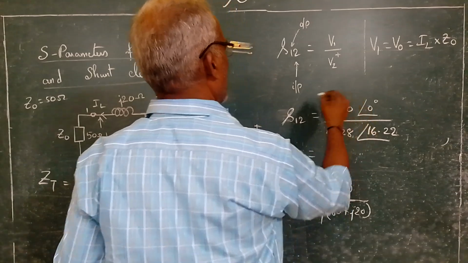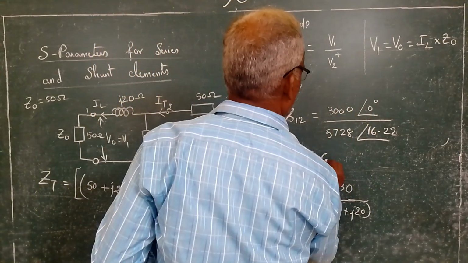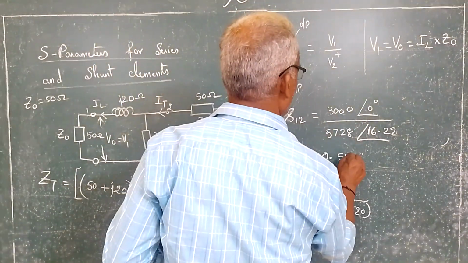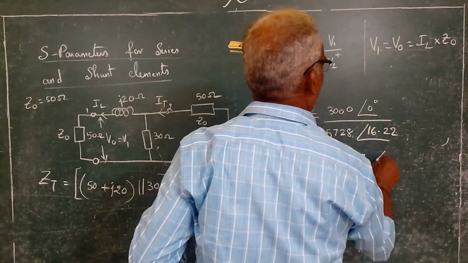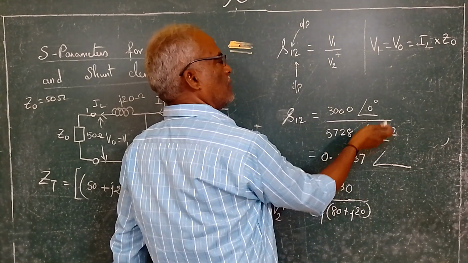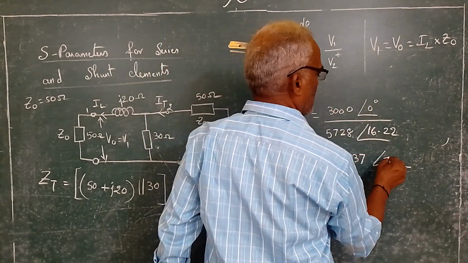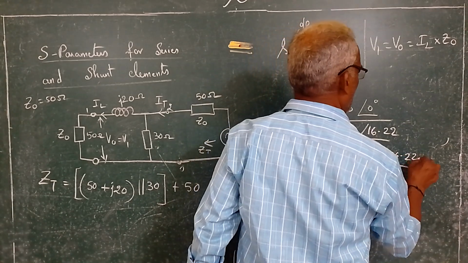Once you divide this, you will be getting 0.5237 angle. When this angle goes from the denominator to the numerator, it becomes minus 16.22 degrees.